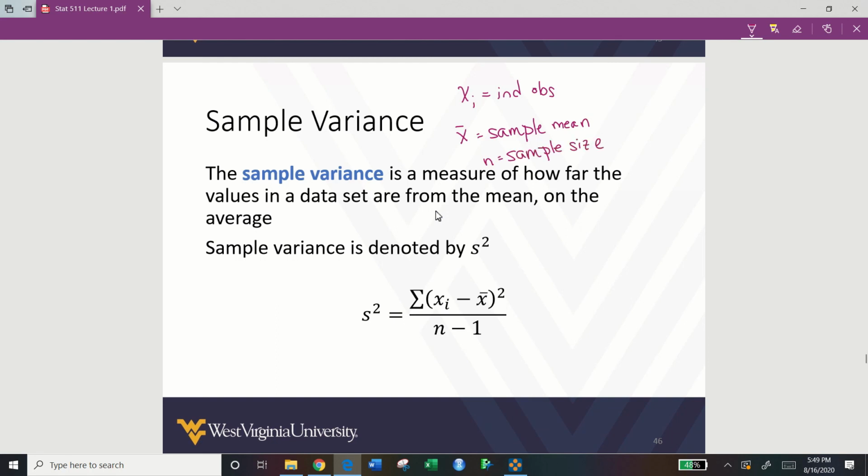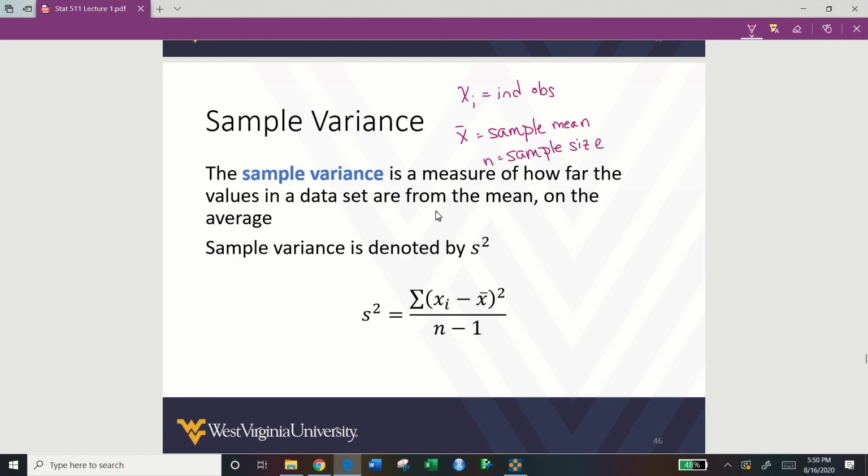So what the variance does, as it says, it measures how far a value in the data set is from the mean. Okay, how do we measure distance? We subtract. So what they do to calculate variance, and what you're going to do, is you take each individual observation in your data set, subtract it from the mean, that gives you your distance. And because depending on how you subtract, you may have negative values and positive values, that makes it very difficult when you're trying to understand distance, because, what is a negative distance?